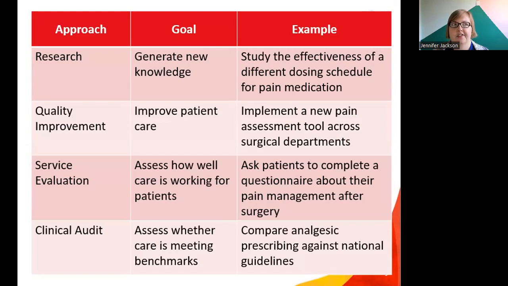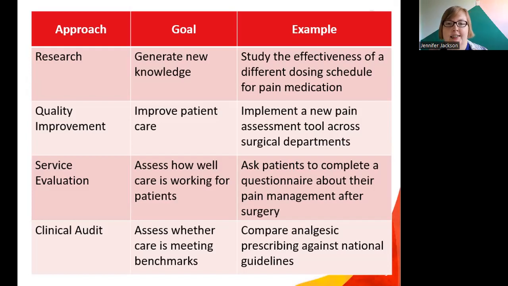We are trying to find a new way to provide care, or a better way to implement care, or new understanding of the phenomenon. So we are going into uncharted territory, and we want to create new knowledge. Therefore, research comes with the highest degree of expectation and protection of participants, because the thing we're doing, we don't know if it's going to work.